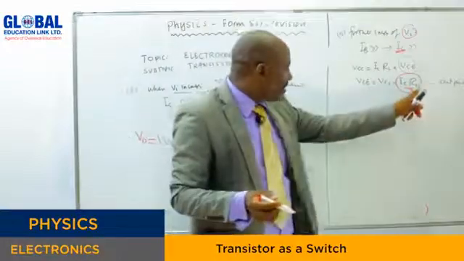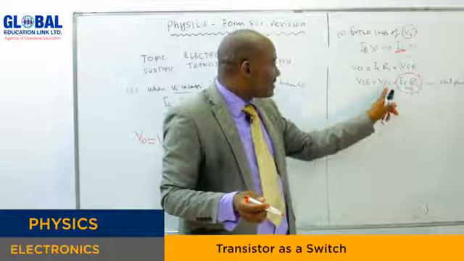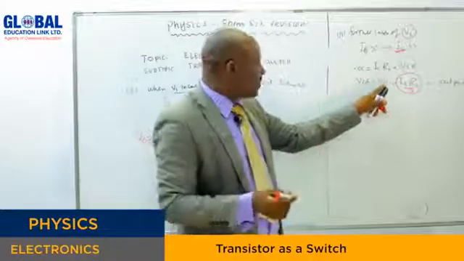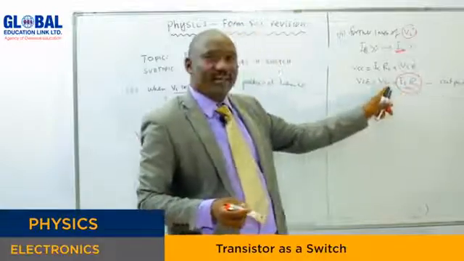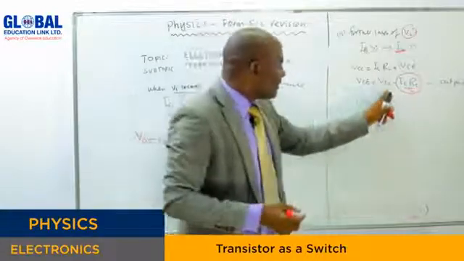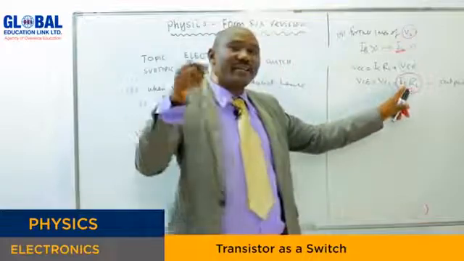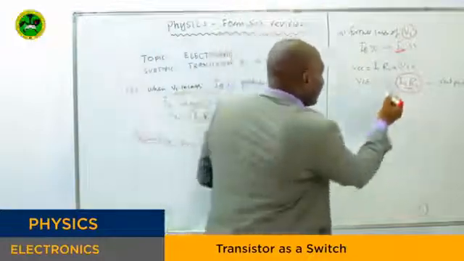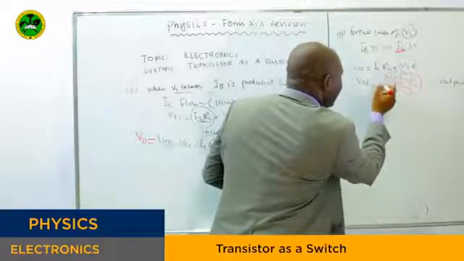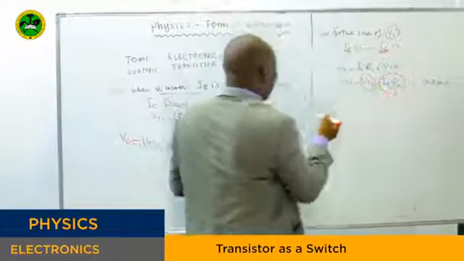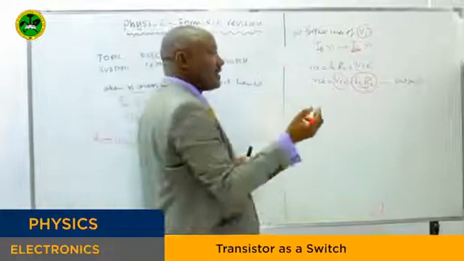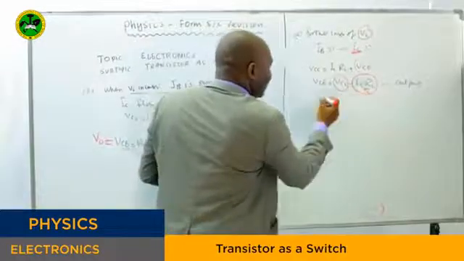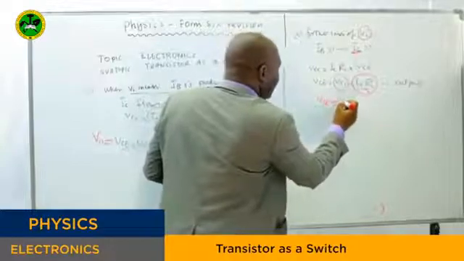We said the output will never be greater than that, so there's a point where this voltage will be equal to the supply voltage. So it reaches a point where these voltages are equal. The VCC and the voltage across the collector resistor, the load resistor, approach each other. As a result, VCE is approaching 0.